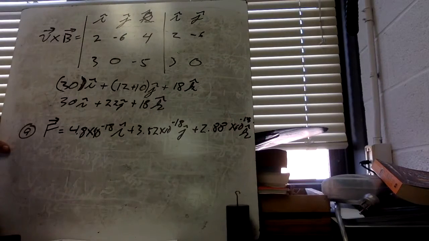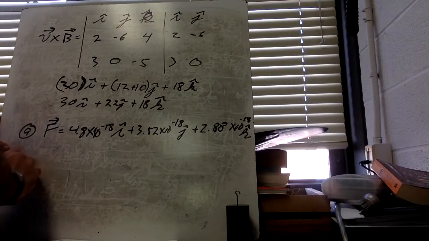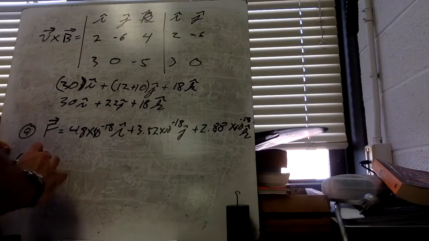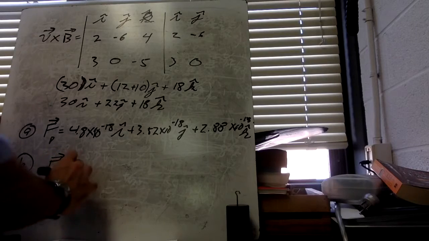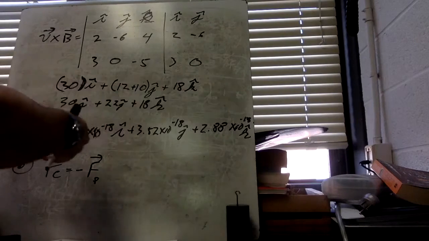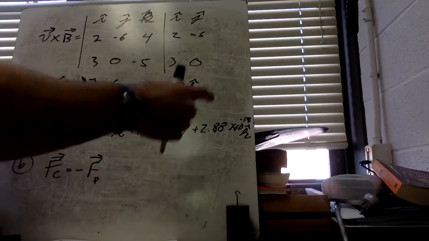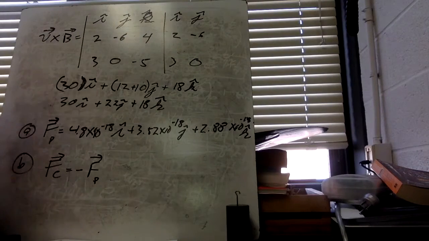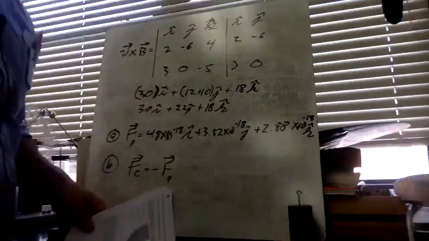So that's the force on a proton. The force on an electron is just negative times the force on a proton. And since this is a negative, you just put negatives in front of each of these, and that reverses the direction, goes in the opposite direction.